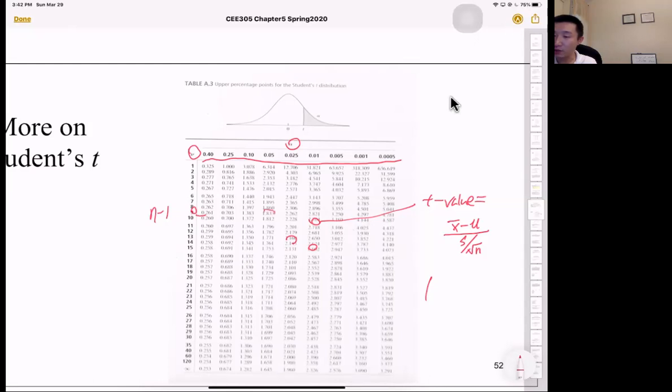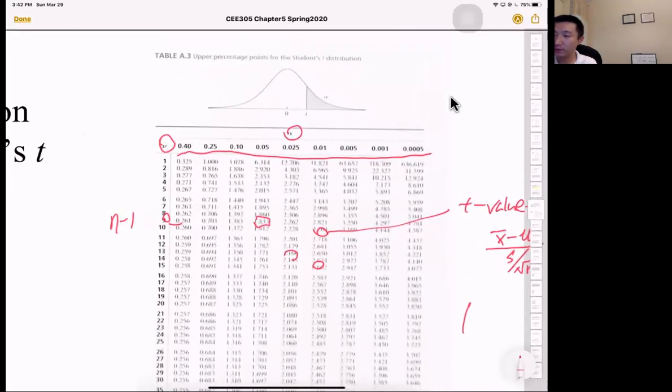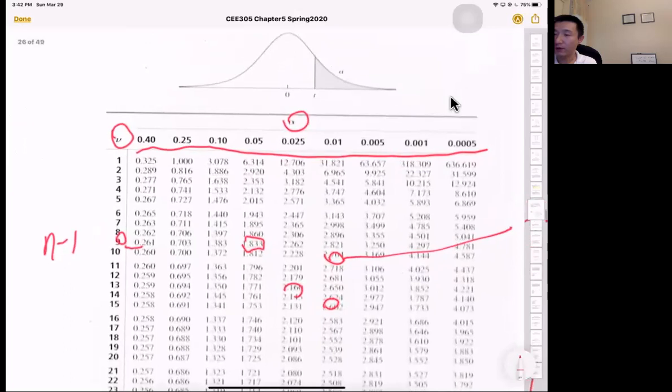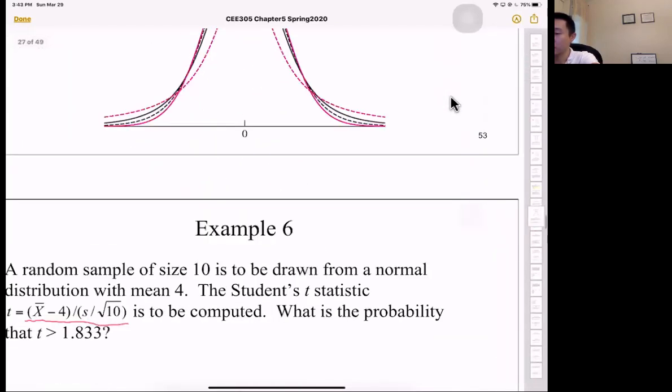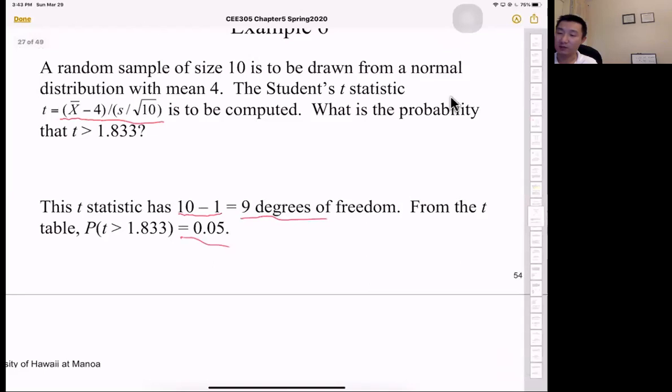So 1.833 is here, and the corresponding probability is 0.05. So for larger than 1.833, the probability, which is the shaded area here, is 0.05. Okay, so I guess as we see from here.